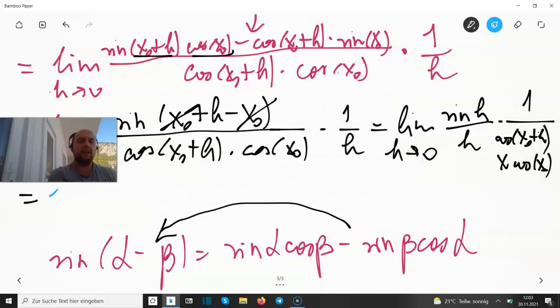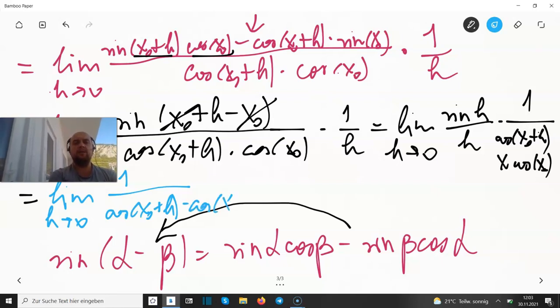Well, let us see. We have the first one, limit h towards 0 of 1 divided by cosine of x0 plus h times cosine of x0. Once again, it doesn't matter how I rearrange it. We can put the question mark here. Still, we don't know, but we'll have a quick look.